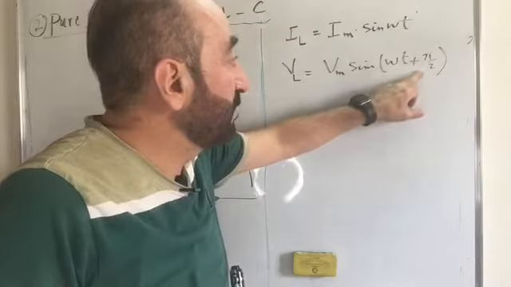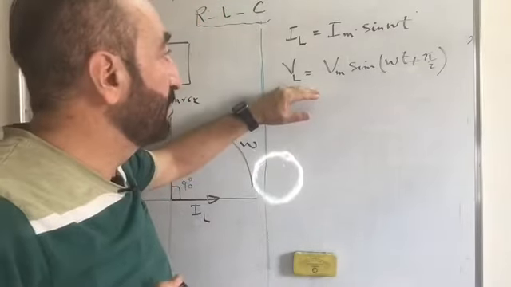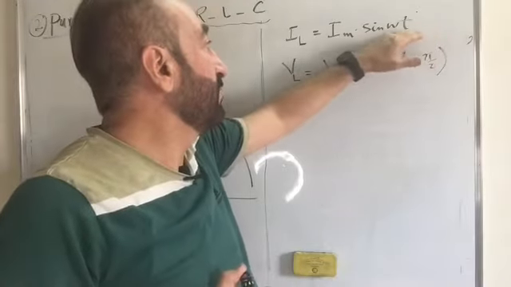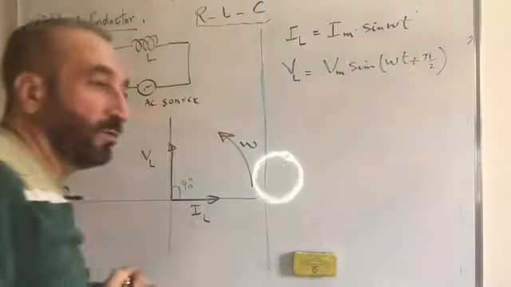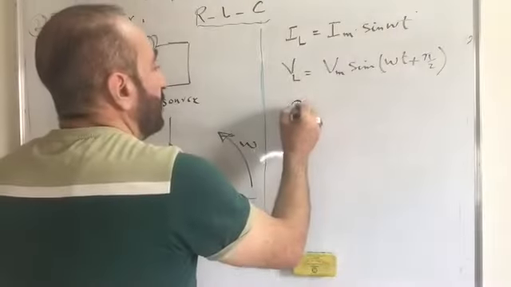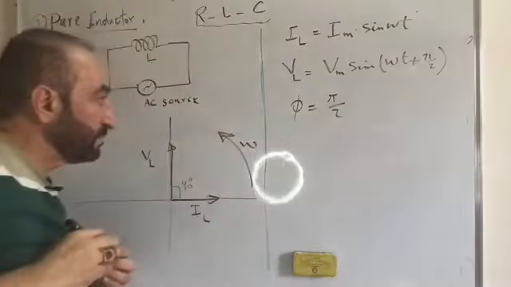This plus pi over 2 means V is preceding. Here pi over 2 is absent, therefore we say I sub L is lagging by a phase angle of pi over 2.